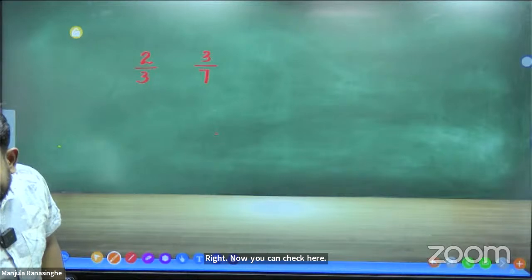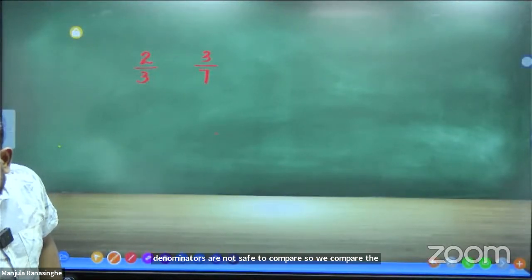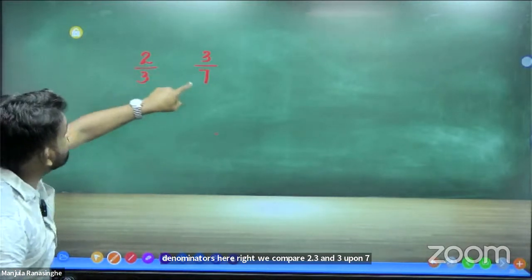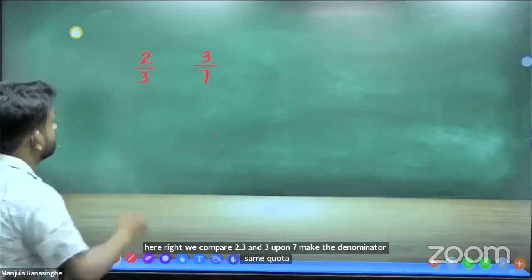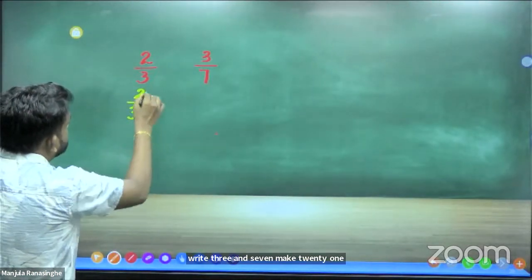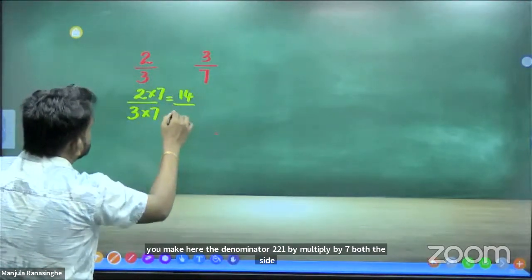So we compare 2 upon 3 and 3 upon 7. Make the denominator the same. Right. 3 and 7 make 21. So you make the denominator 21 by multiplying by 7 on both sides, and it comes as 14 upon 21.